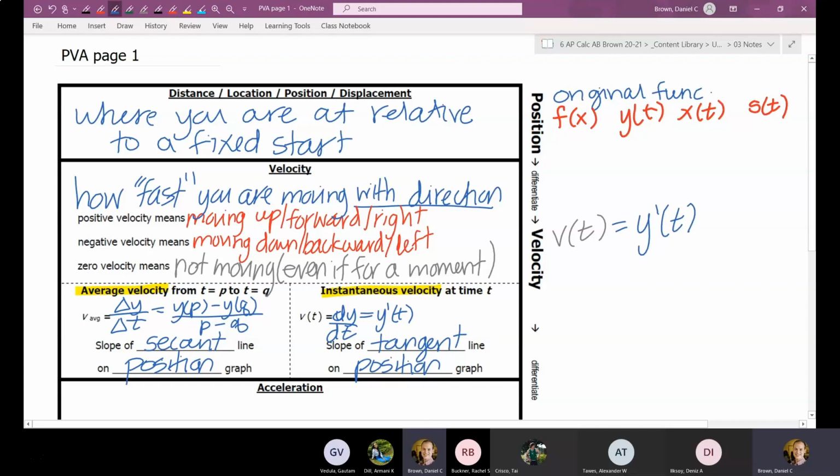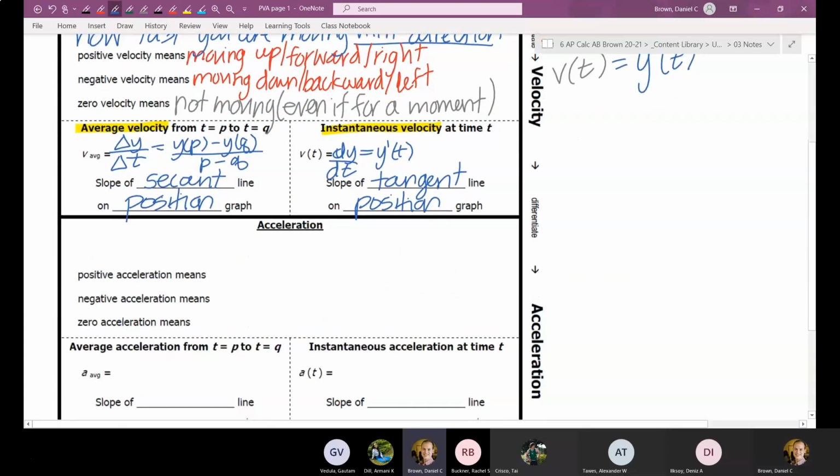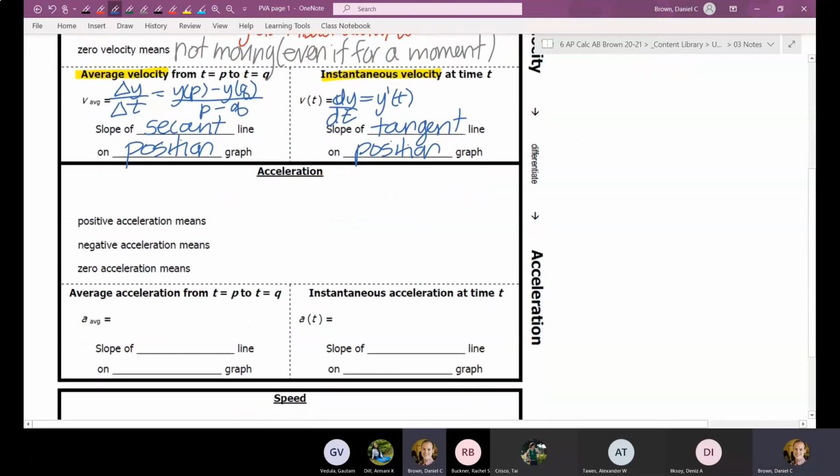And then from velocity, we also are going to have the acceleration. The acceleration we're going to define as the rate of change of velocity with respect to time, not over time.